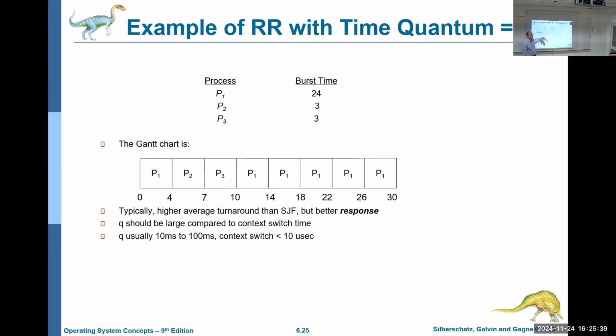In any case, inherent in round robin is a kind of first come, first serve, because we said if the quantum is very large, then it is first come, first serve.